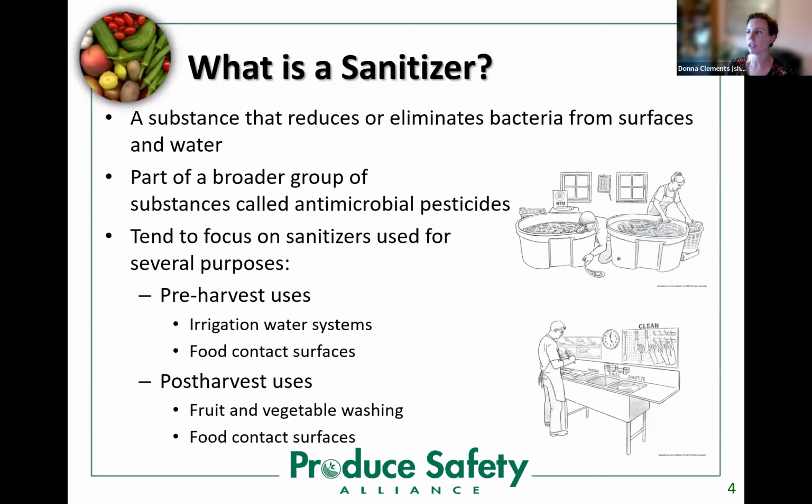So in this illustration, it's showing a person washing, so cleaning, rinsing, and sanitizing harvest tools. And in that last section would be the sanitizer, again, used to sanitize the surface of that tool. And I'm focusing on these three different uses listed here because these are some of the uses that we really highlight in the new PSA sanitizer tool.